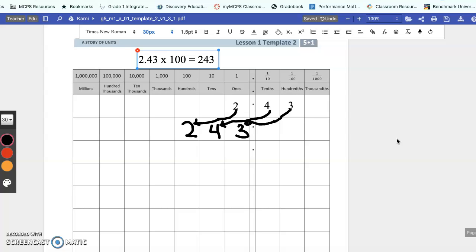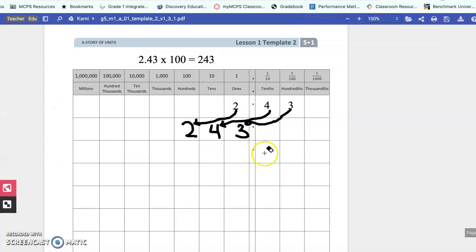Once you have learned the pattern of multiplying and dividing by multiples of 10, such as 100, 1,000, 10,000, we can use those patterns to help us multiply and divide by those multiples of 10 on this place value chart.